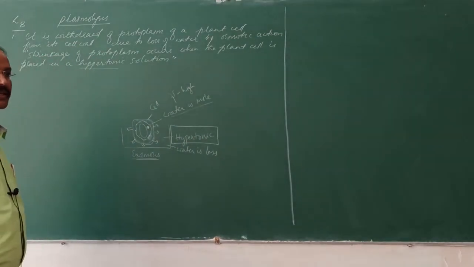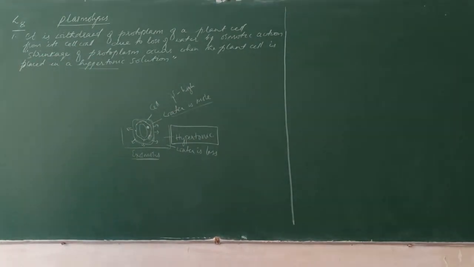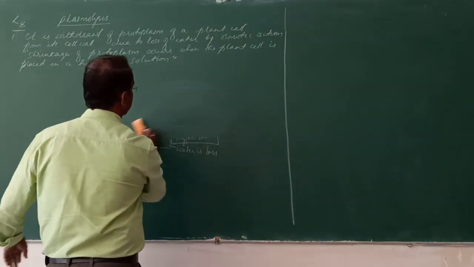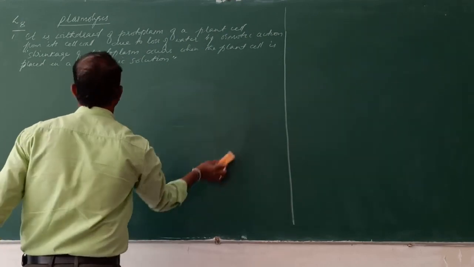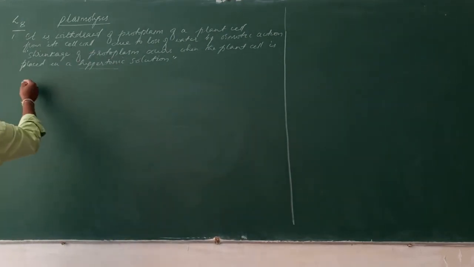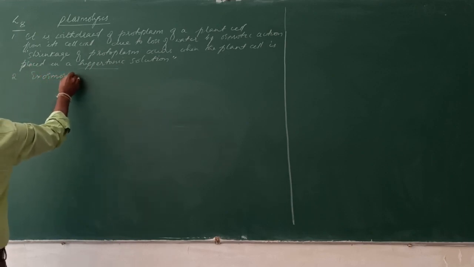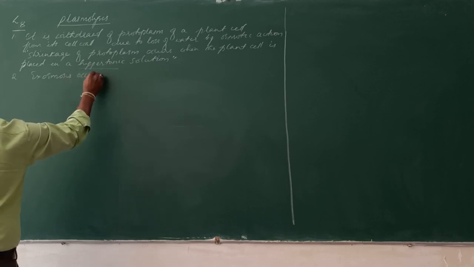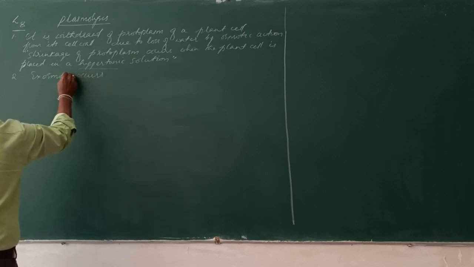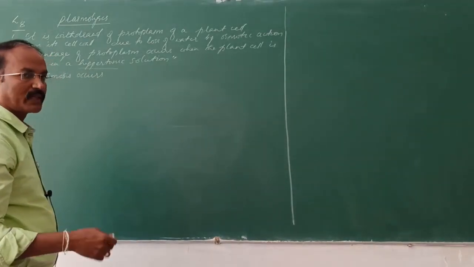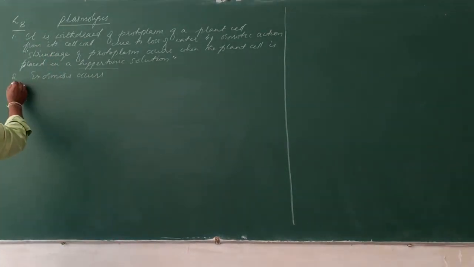I said in yesterday's class the three types of solutions: hypertonic, hypotonic and isotonic. Now what happens here? The next point, exosmosis occurs. Which osmosis? Exosmosis means the water starts moving out when the cells are placed in hypertonic solution.